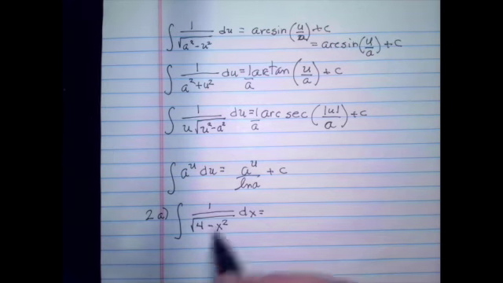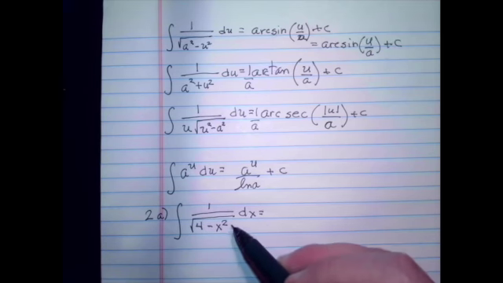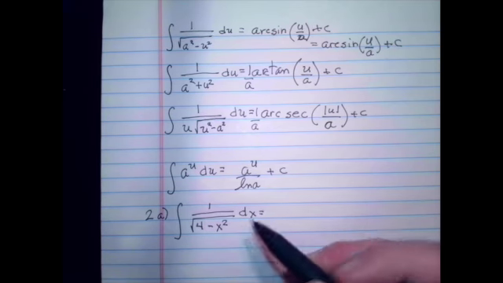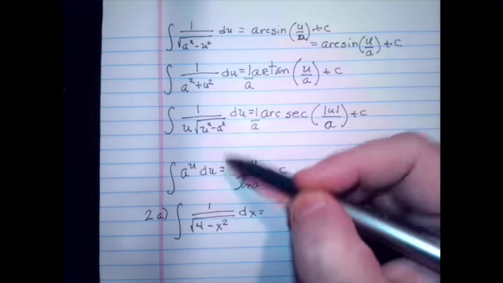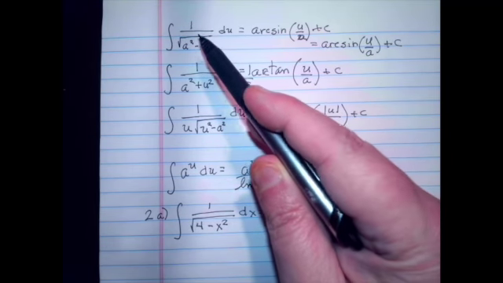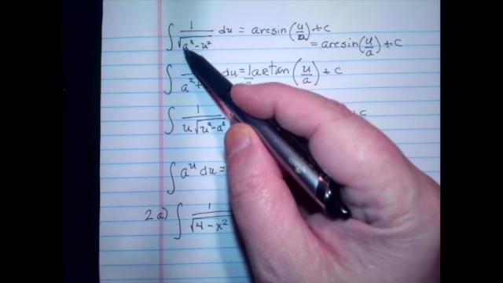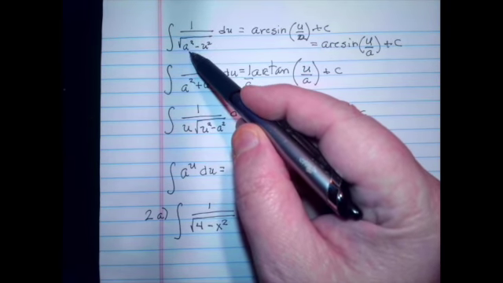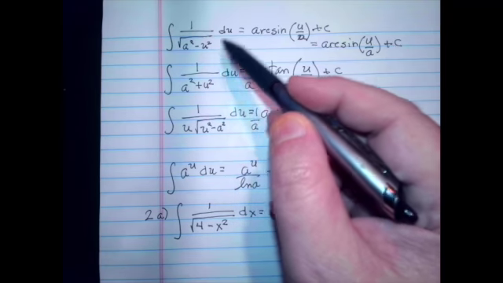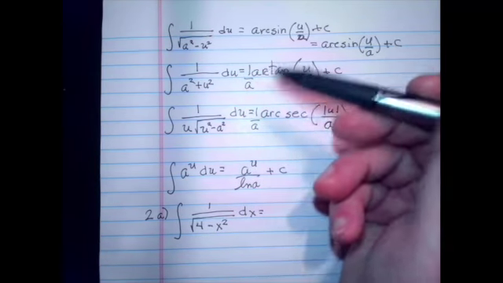2a. We are asked to integrate 1 over the square root of 4 minus x squared with respect to x. Of these 4 forms, this looks the most like number 1. You've got 1 over, a is a constant, so a squared is a constant, minus a function squared with respect to whatever variable.